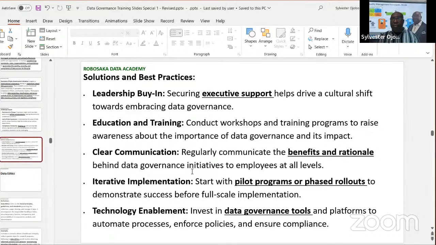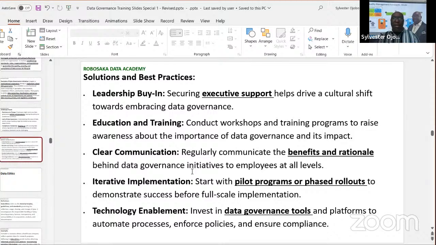Iterative implementation. Start with short pilot programs and phase rollouts to demonstrate success before full-scale implementation. This is where you have a roadmap. When you prepare a roadmap of your program, you have the first 30, the 60 days, and the 90 days.